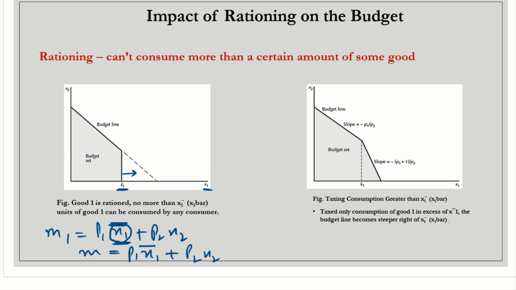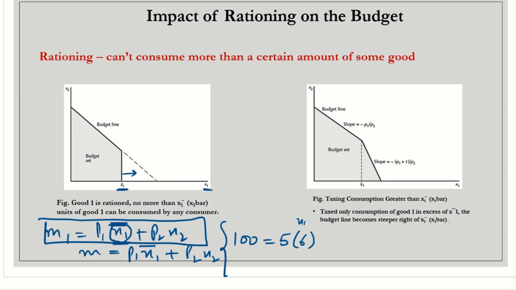So what happens when you try to plot the budget line given this constraint? I'll give you just an example. You can draw it on the graph also. Say your income was 100, the price was 5 and x1 remains fixed, say x1 is 6. This is your x1.